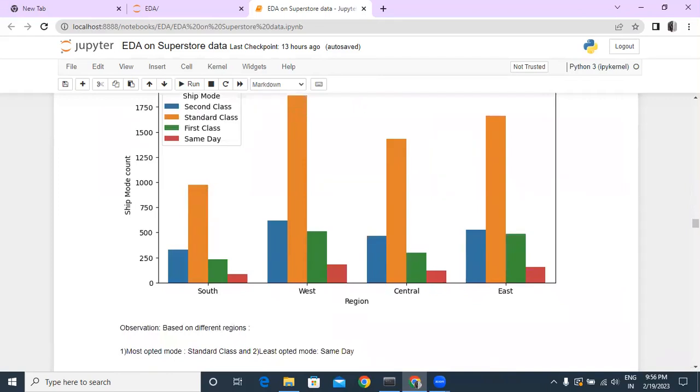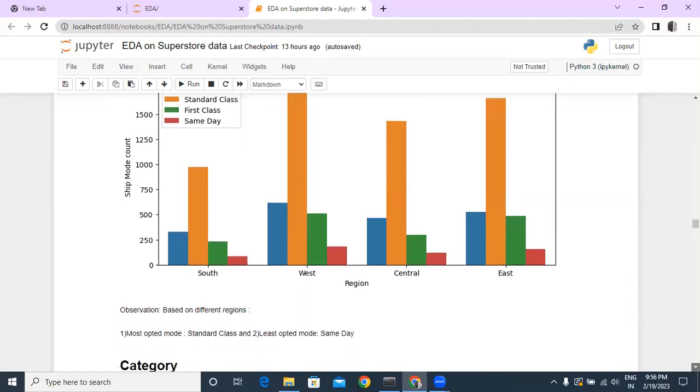So what can be analyzed from here is that according to different regions, we can see which is the most opted mode. Earlier also it was standard class, but this is according to regions. So standard class is the most opted, and least opted is same day, because we can see from the colors that same day is red and the most opted is standard class, that is orange.